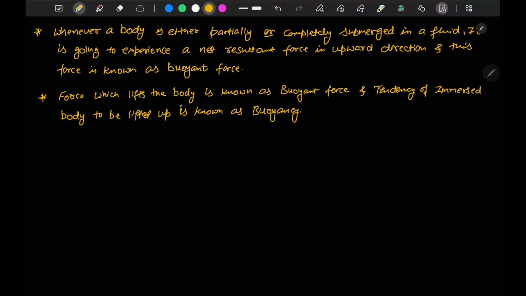So this is your difference between buoyant force and buoyancy.